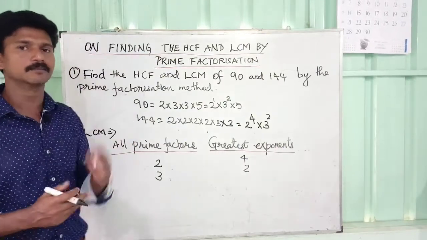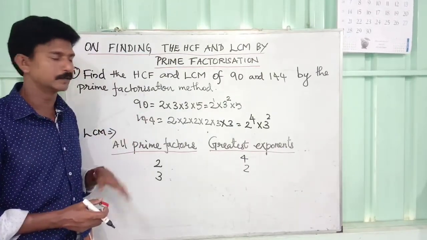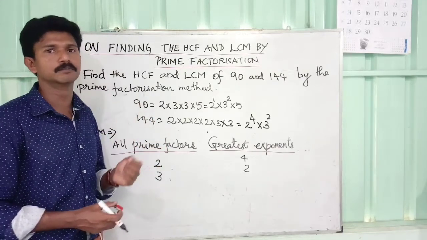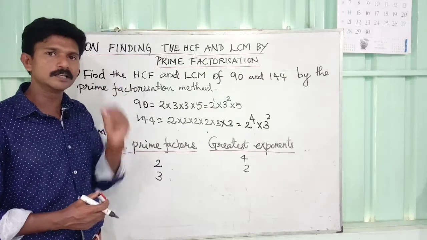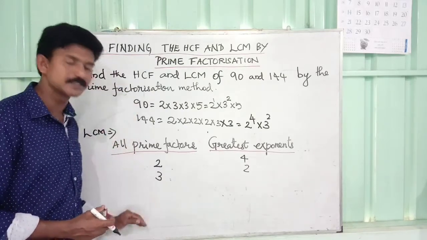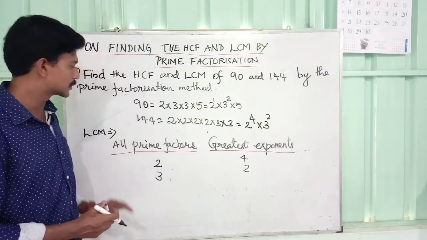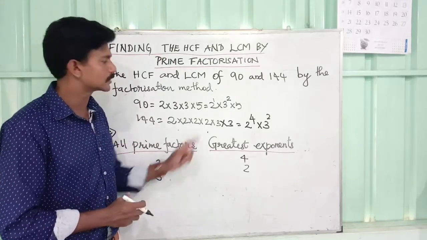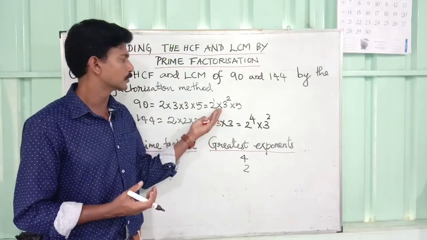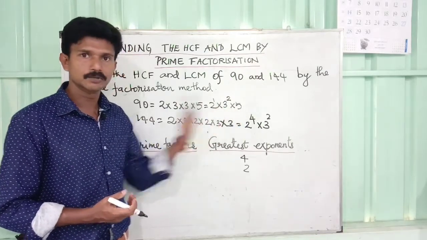If there are three numbers also, we have to select each and every prime factor and list it here. So what is missing in the list? We have written all except 5, so we have to include that.